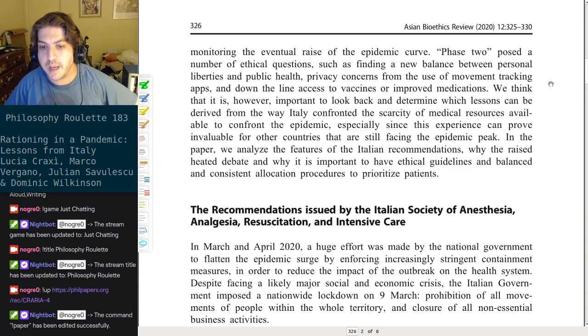In this paper, we analyze the features of the Italian recommendations, why they raised heated debate, and why it is important to have ethical guidelines and balanced and consistent allocation procedures to prioritize patients.